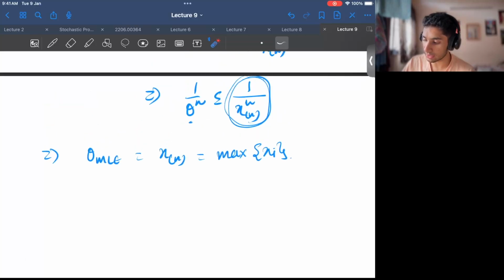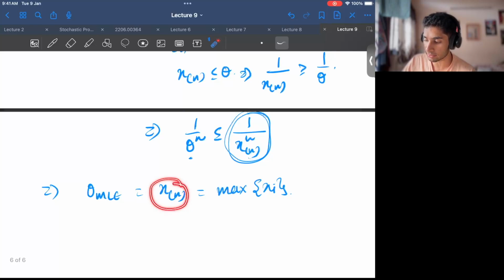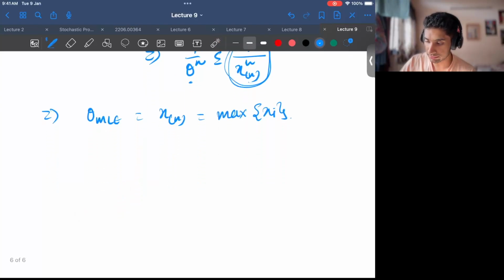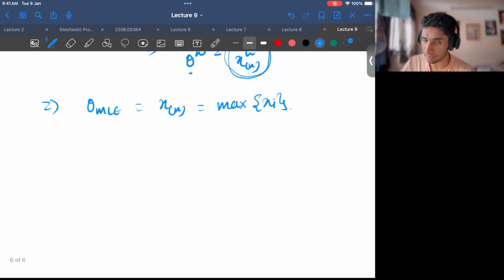So that is why the value of theta, when you take it to be the maximum of all xi's, your likelihood is maximized, and hence that is the MLE estimate. I don't know if it was very clear or not, but maybe we'll just leave it as food for thought.